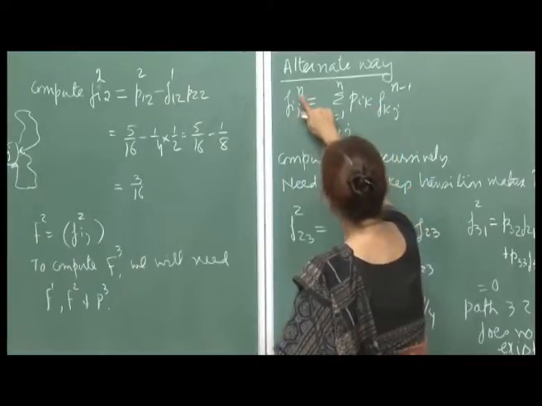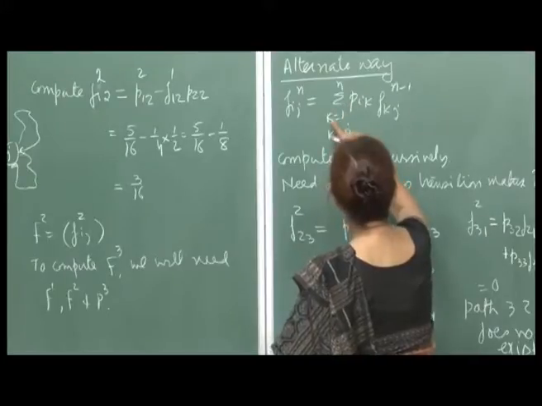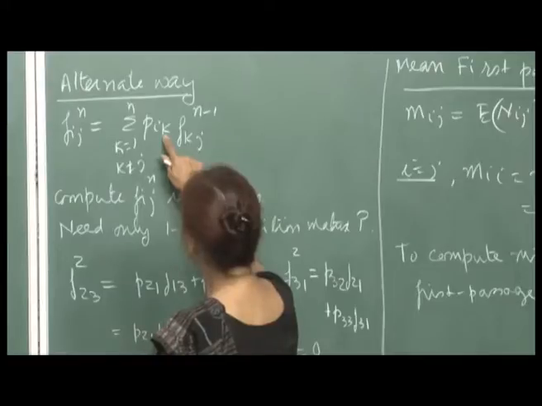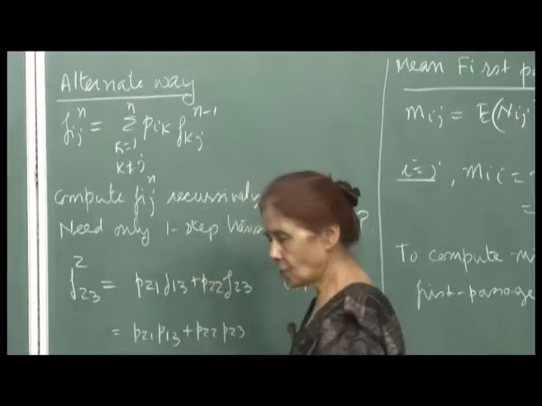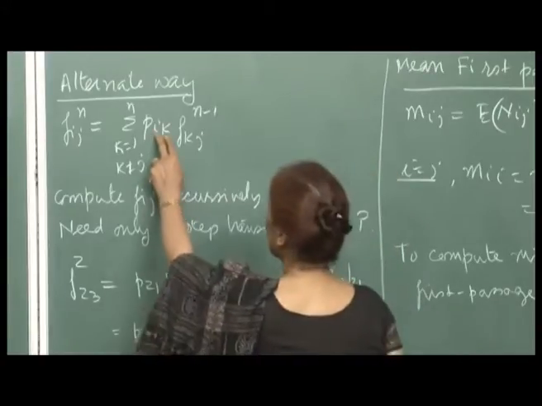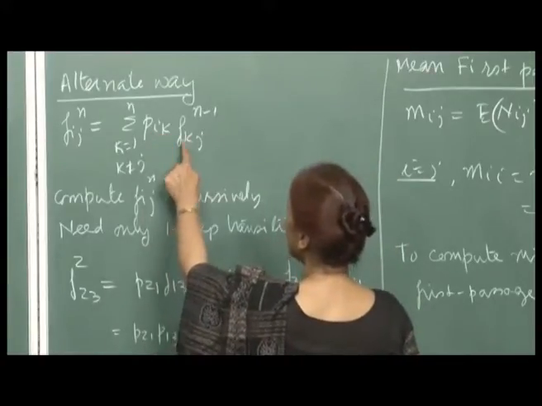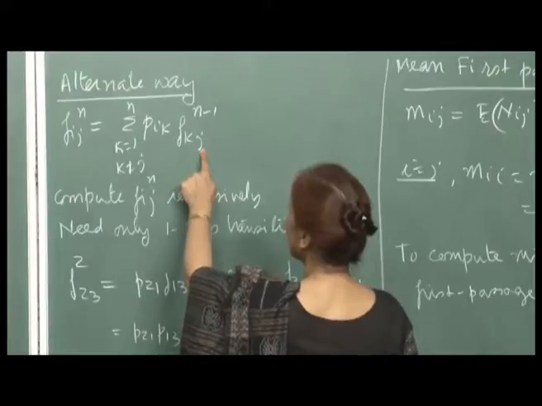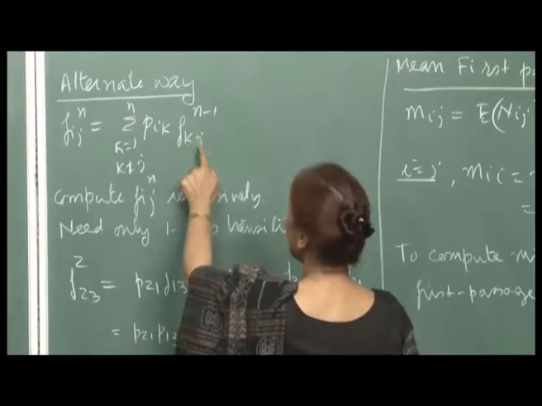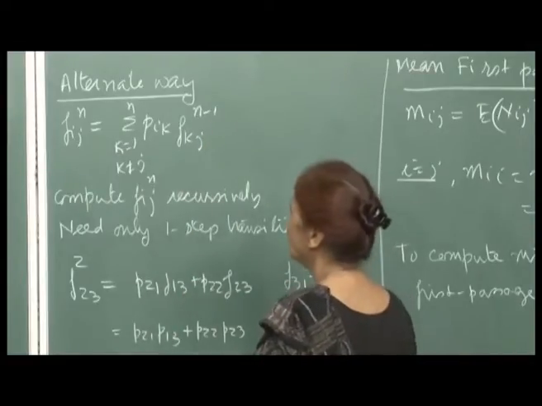So Fij(n) I am writing as sigma k varying from 1 to n of Pik. In one step you transition right in the beginning, starting from i. Suppose you go to k. That probability is Pik, and then from k the first passage transition probability from k to j in n minus 1 steps.